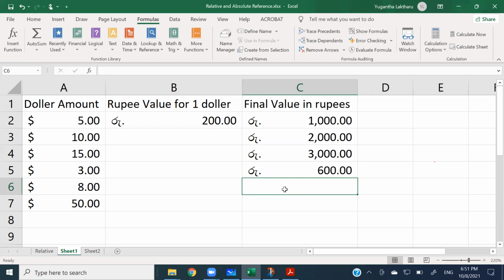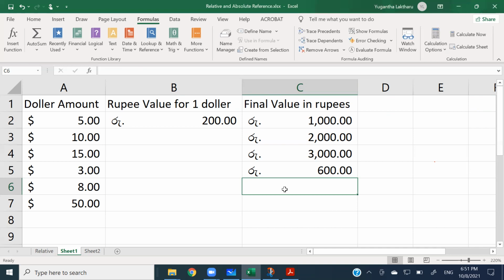And that solution is named absolute cell reference. So it is the complete opposite of relative cell reference. Relative cell reference means what? When you are copying a formula, that formula changes its form or its equation according to the place where it is being copied.